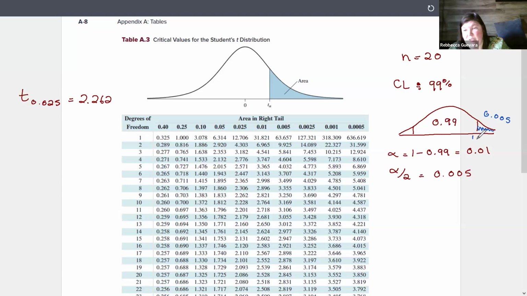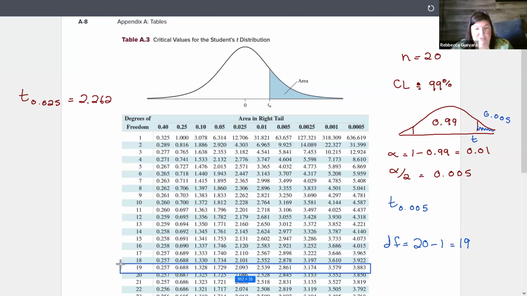And the t-score that we're looking for is t 0.005. Degrees of freedom are my sample size minus 1, so I have 19 degrees of freedom. There's my 19 degrees of freedom. I need to look for the right tail.